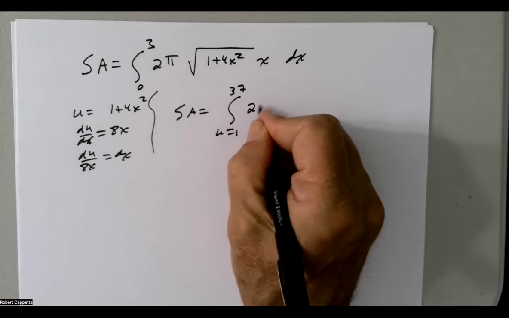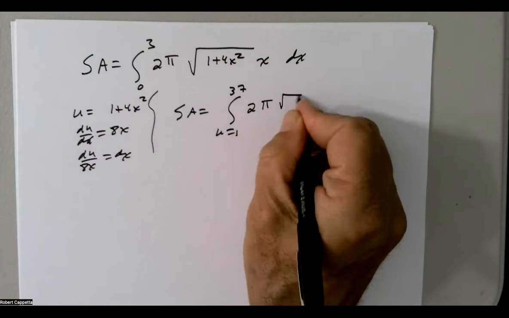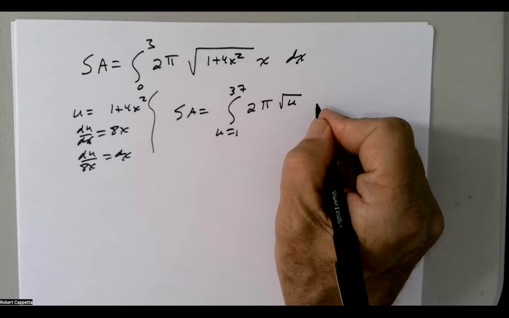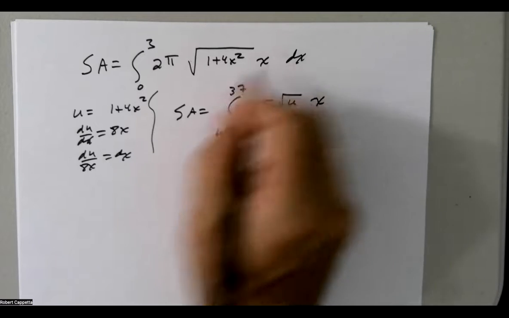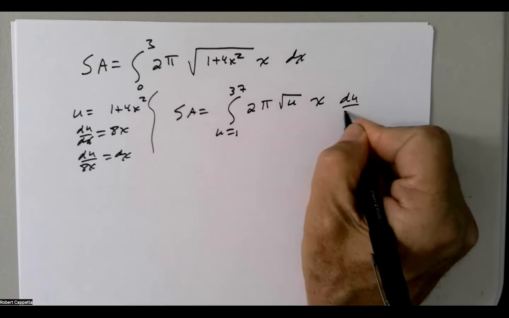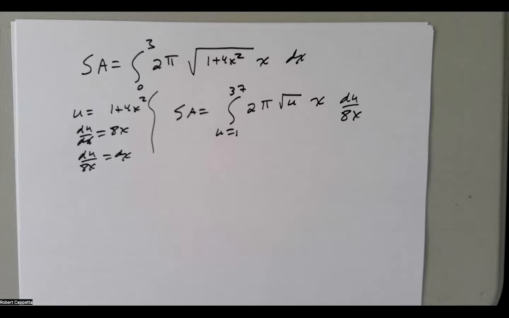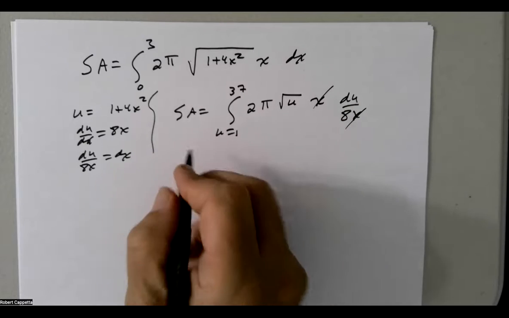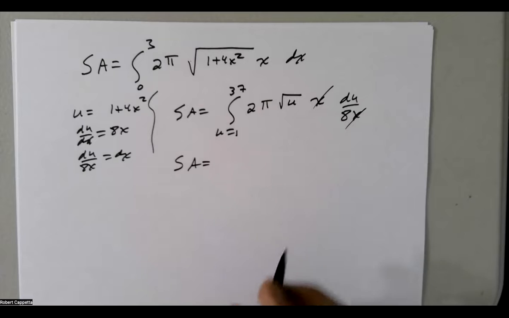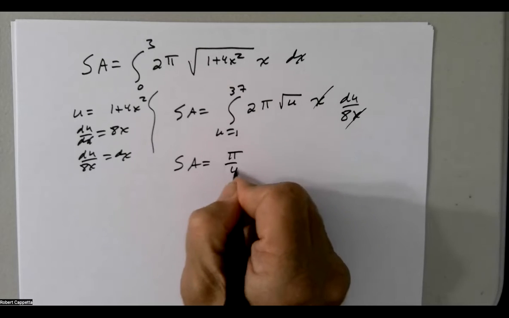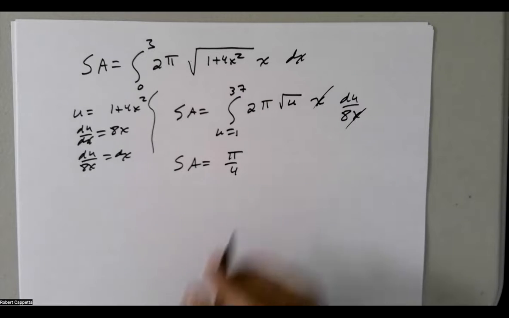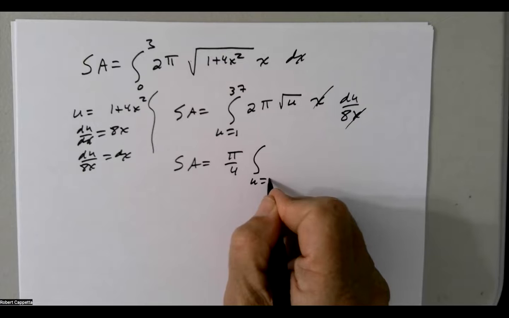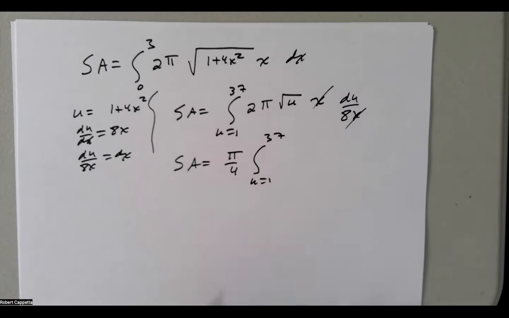Then we get 2 pi square root of u times x, and then dx is du over 8x. So we're happy that the x's go away. The x's divide out. 2 pi over 8 comes in front as pi over 4. Then I have the integral as u goes from 1 to 37 of the square root of u du.